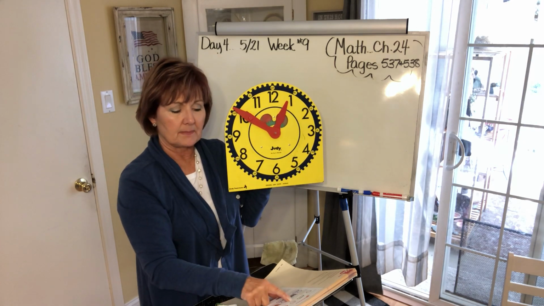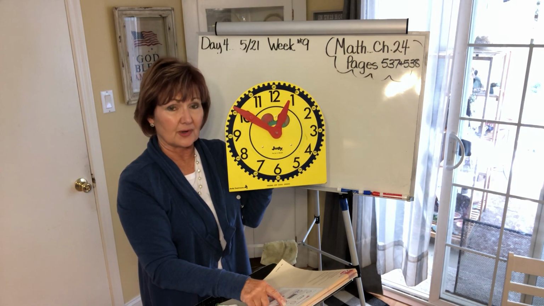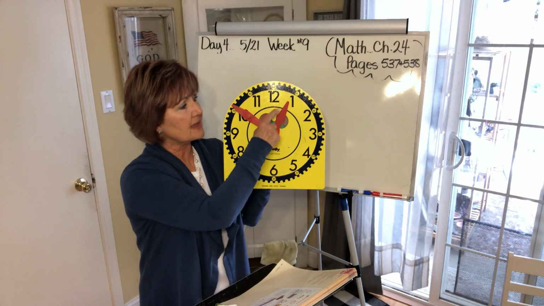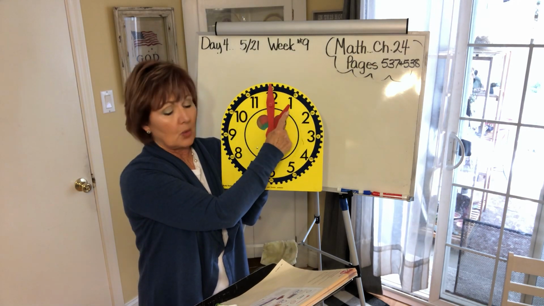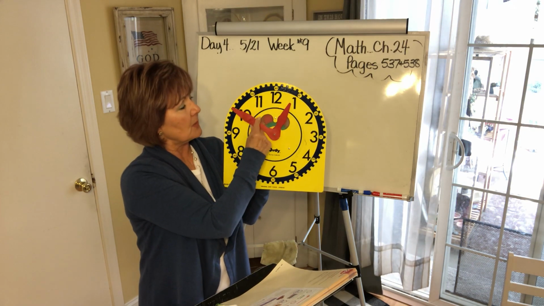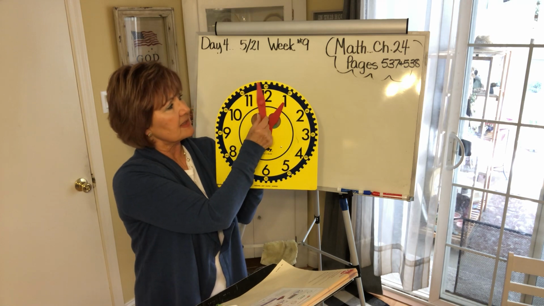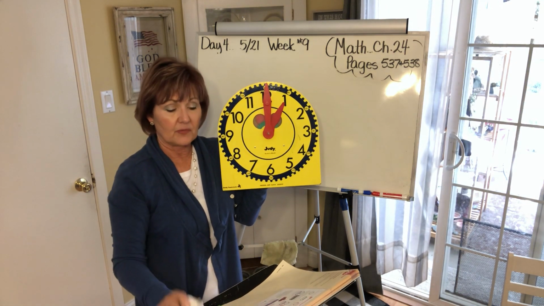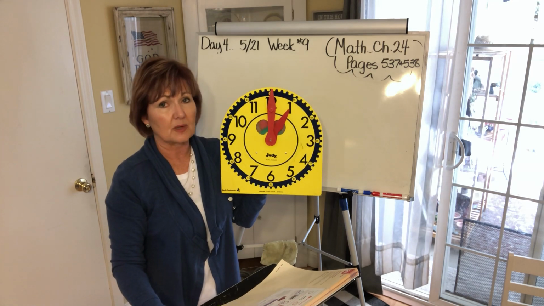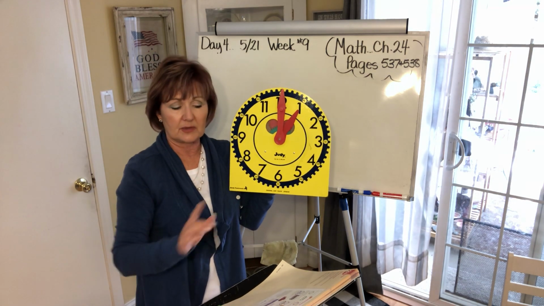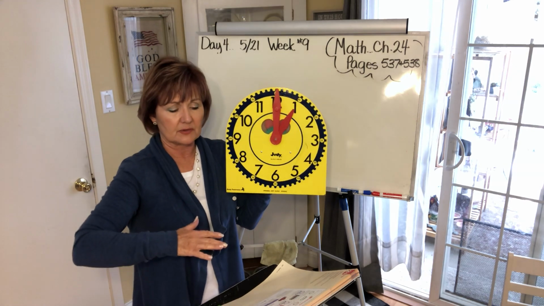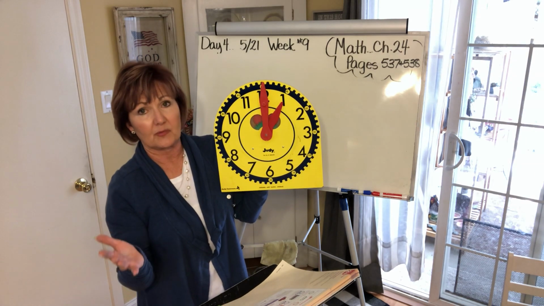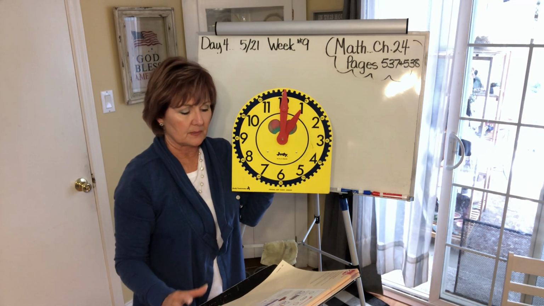And then it says, minutes before the next hour. Well, what's the next hour going to be? 1. How many more minutes? 5, 10. So it's 10 minutes before 1 o'clock. Watch what they're asking you. Now they're not asking you how many minutes after. They want to know how many minutes before the next hour.